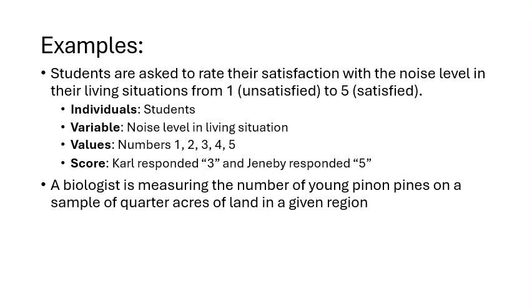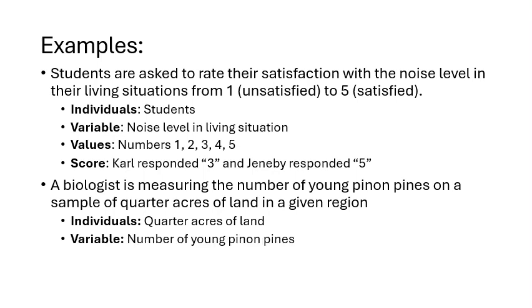Another example. A biologist is measuring the number of young pinyon pines on a sample of 1/4 acres of land in a given region. So trying to find out if the pinyon pines are recovering or doing well in the current environmental conditions. So in this case, the individuals are 1/4 acres of land. That's where we're counting the pinyon trees.